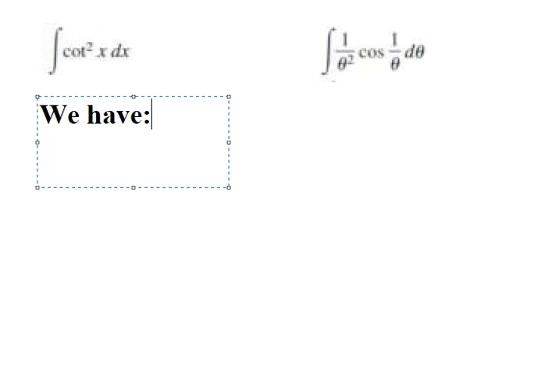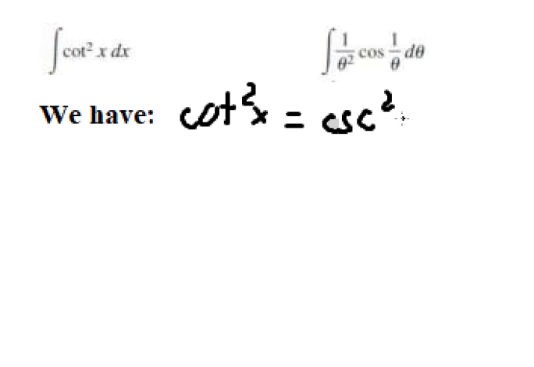Next, this one we have the formula in here, so we need to change cotang s squared into cosecant of s squared minus 1.